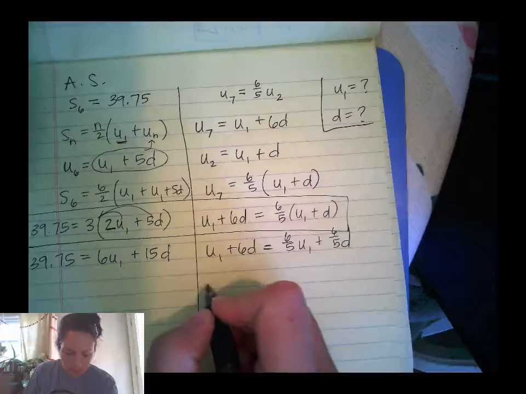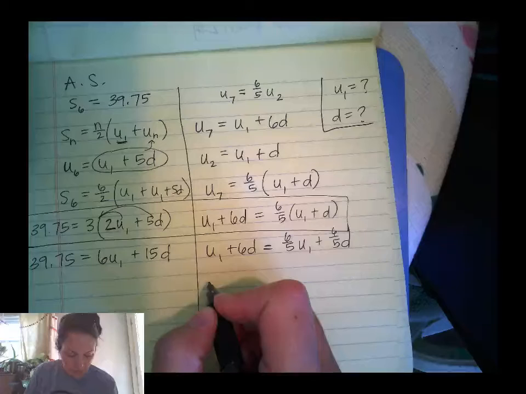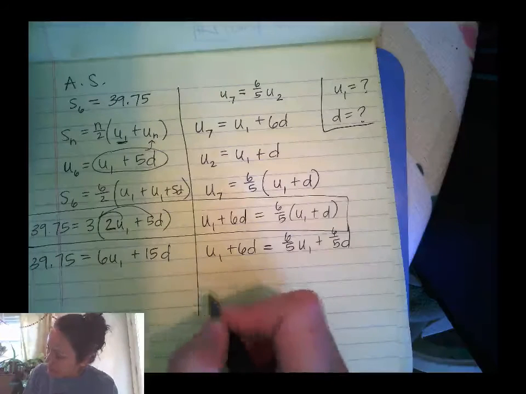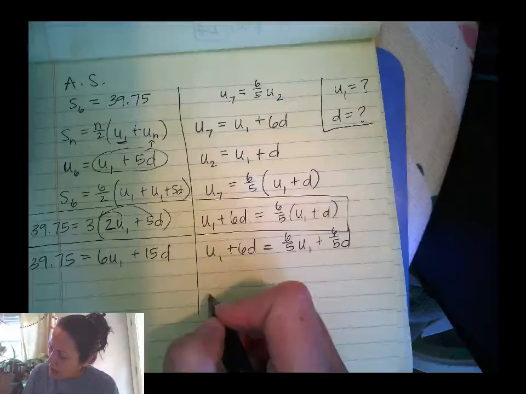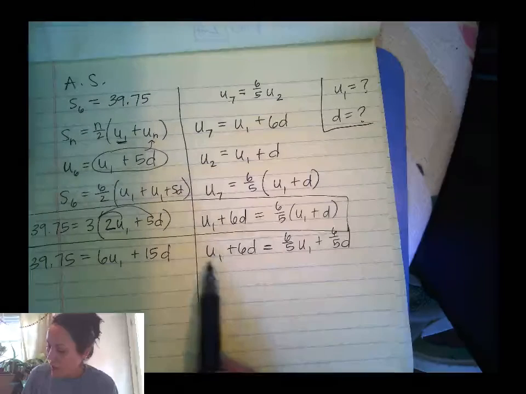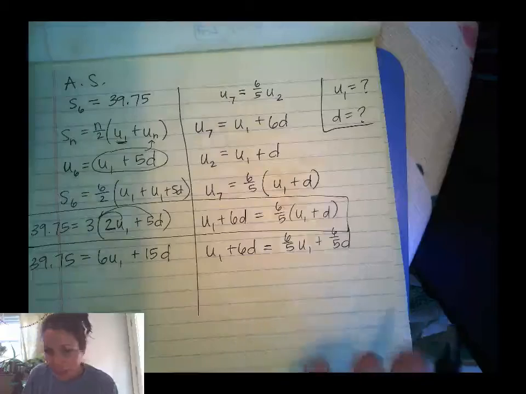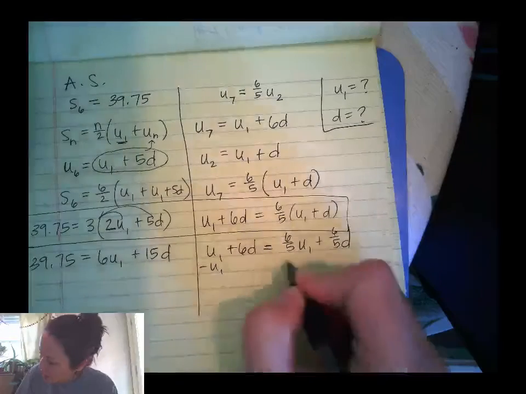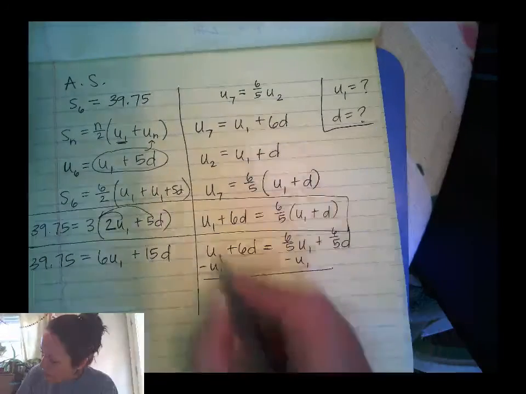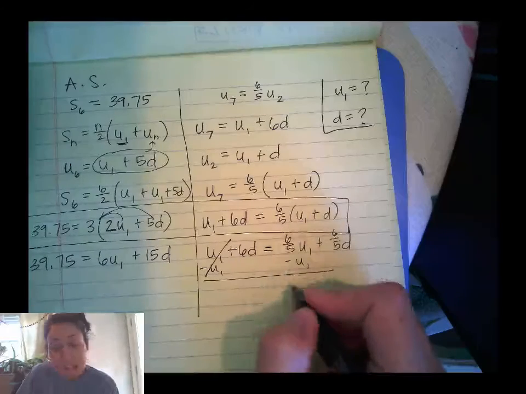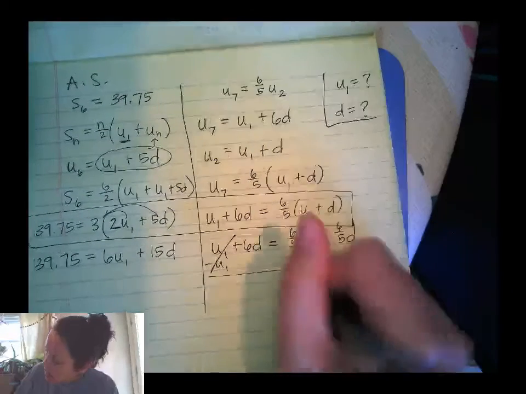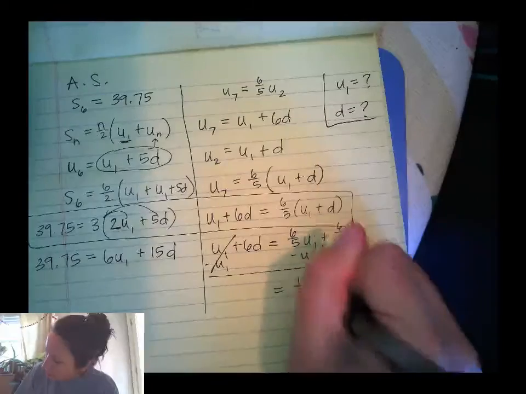Wait, I already did this, didn't I? Maybe I didn't. Anyways, let's see. I'm going to change my mind. I want to move this u sub 1 over. If I can keep them positive, I'm going to keep them positive. So I'm going to subtract u sub 1 from both sides. 6/5 minus 5/5, 1/5 of u sub 1.